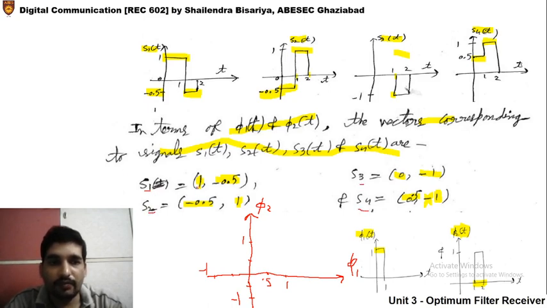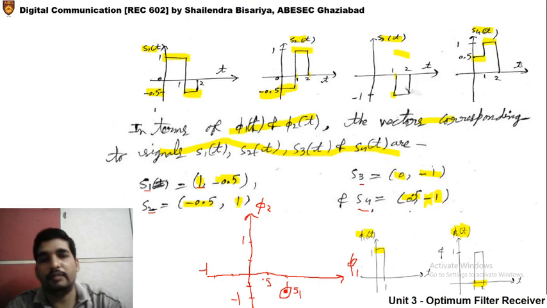S1 is 1 for phi 1, so it lies somewhere on this line, and minus 0.5 for phi 2, which is this line. This is your signal S1 in vector space.